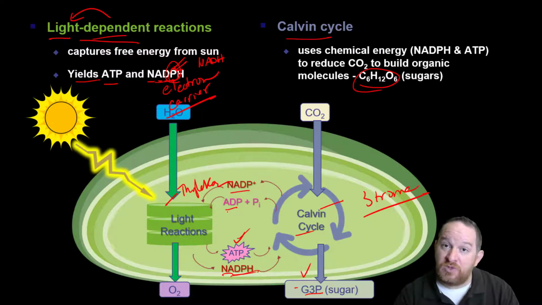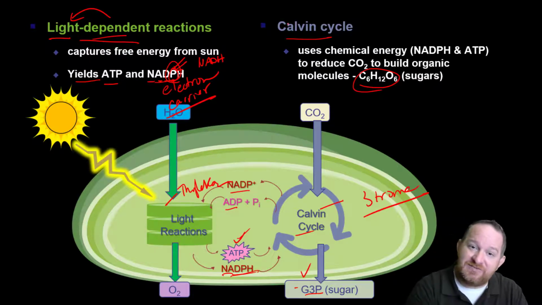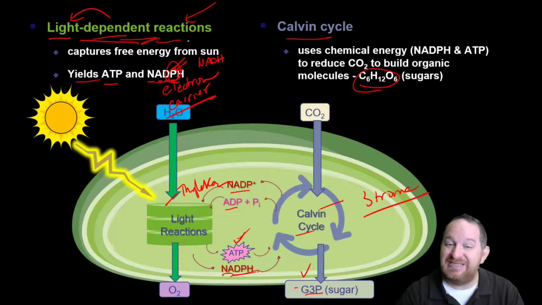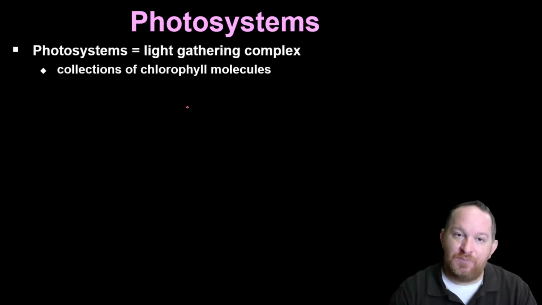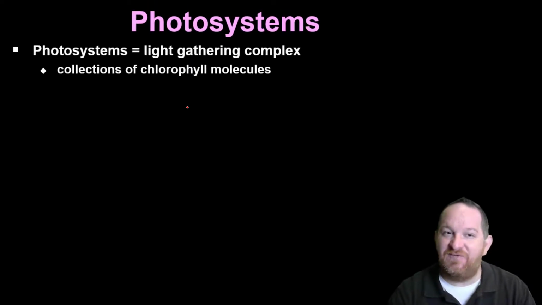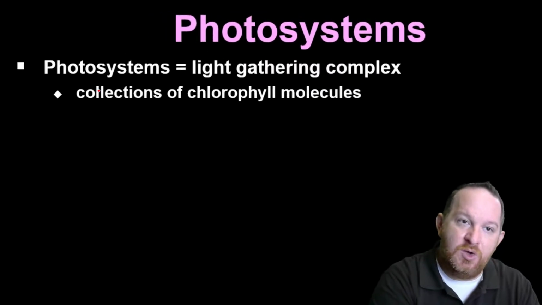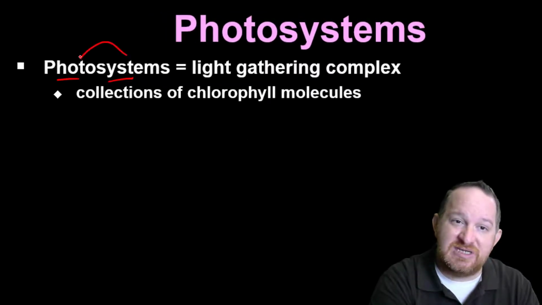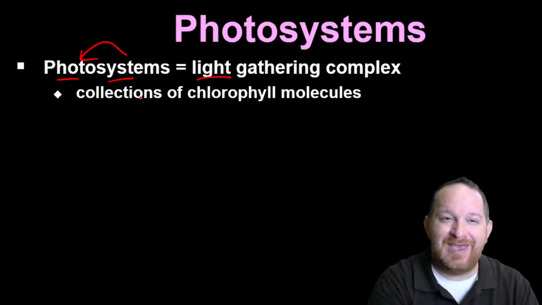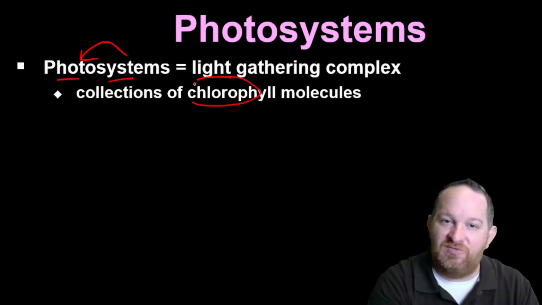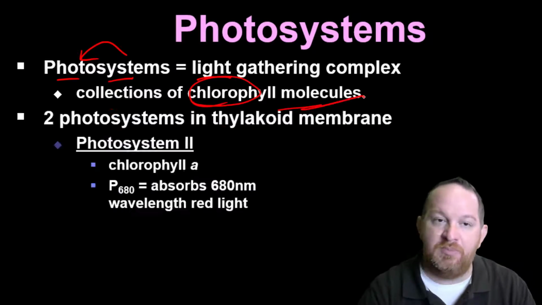All right, so what we're doing today in this video is, for the last half of this video, I'm really going to go deep into the light-dependent reactions. So, I mentioned earlier this idea of a photosystem. A photosystem is really just a system of gathering light. And what is it really? It's just a bunch of chlorophyll molecules hanging out there on the membrane.